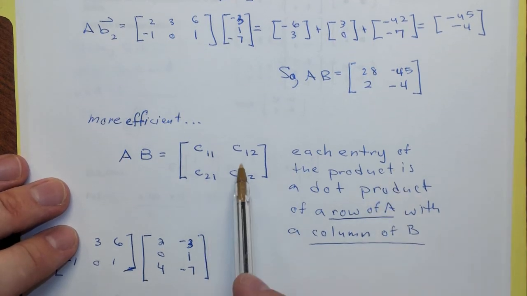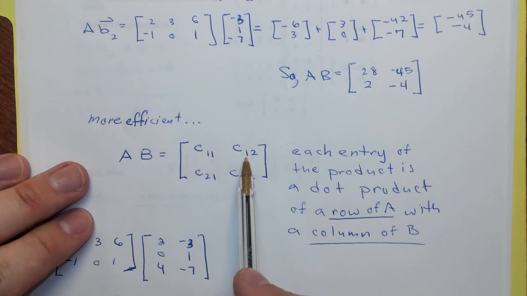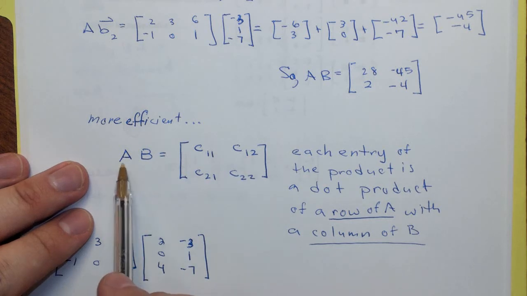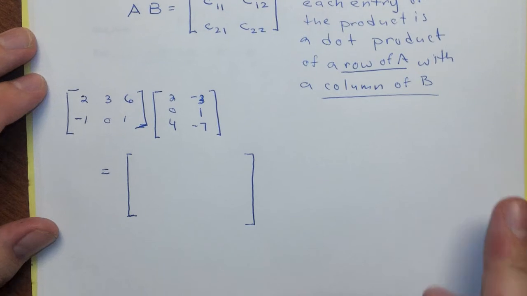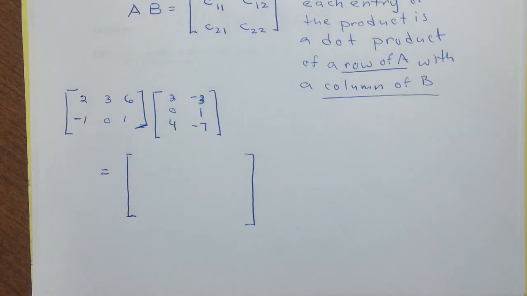So for example, when I want C12, this is the entry in the first row and second column of the matrix. I will multiply the first row of A with the second column of B and get that dot product. Once you understand the notion of a dot product, it makes it a much simpler way to look at matrix multiplication. So let's take a look at this.